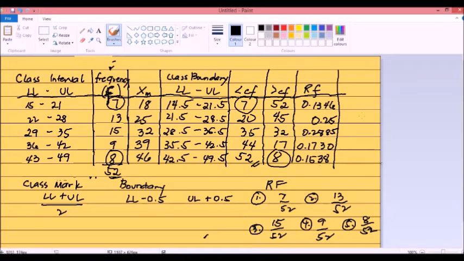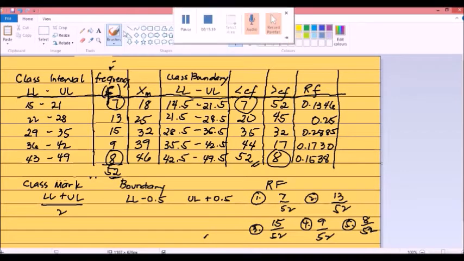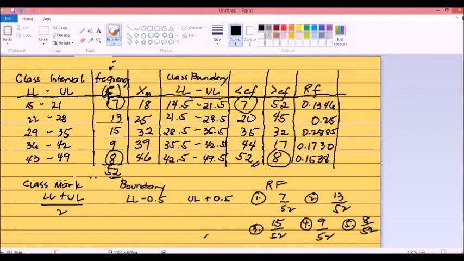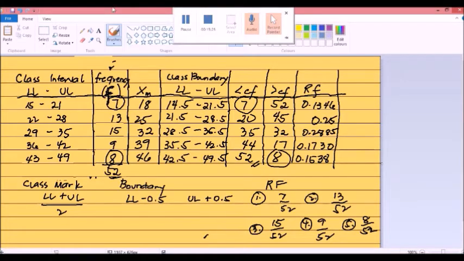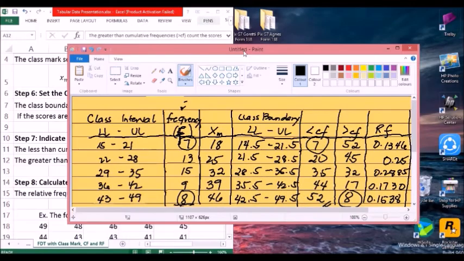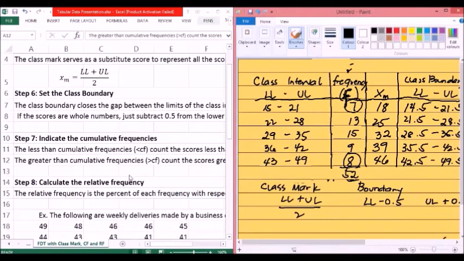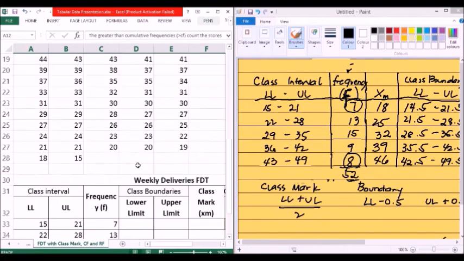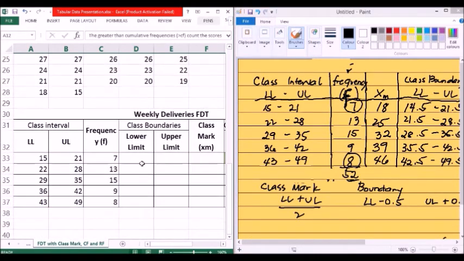And this one will be our frequency distribution table. Okay? So, pwedeng i-type na natin to sa ating Excel. Type na lang yung mga yan, lalo na po kung mobile lang inyong gamit. So, lower limits, 4.5.